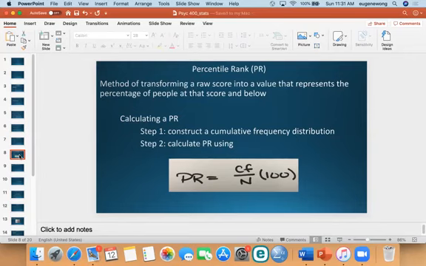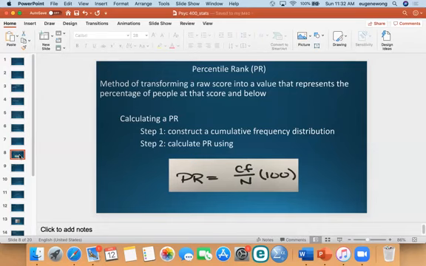To calculate a percentile rank, we need two steps. The first step is to construct a cumulative frequency distribution. Well, we've talked about that already. That was one of those tabular ways of describing data that we started with. So we first need to have a cumulative frequency distribution.